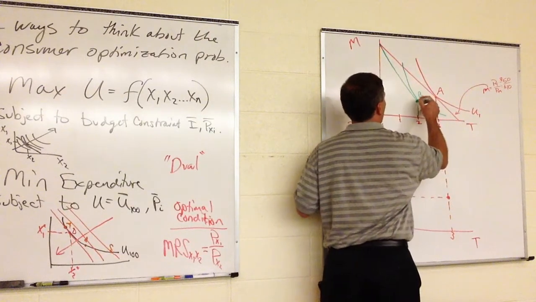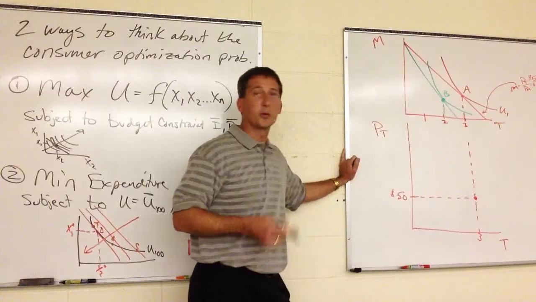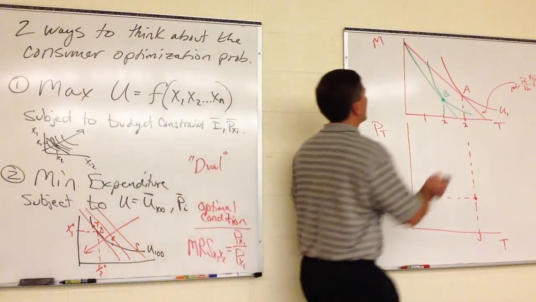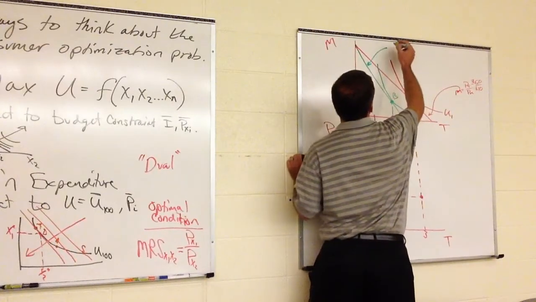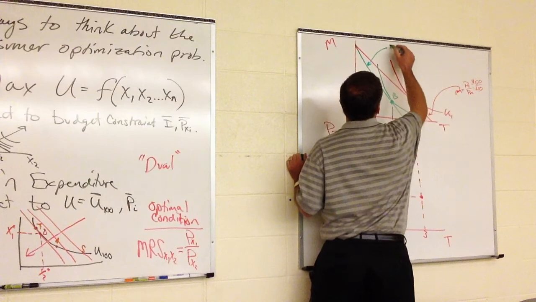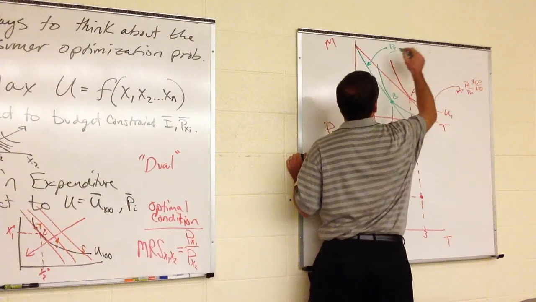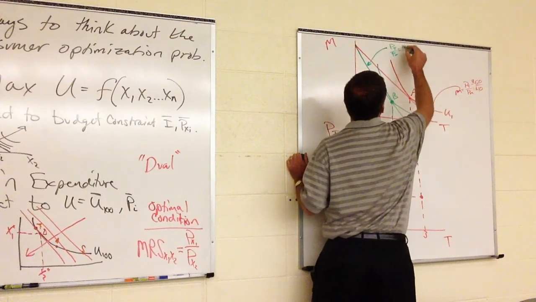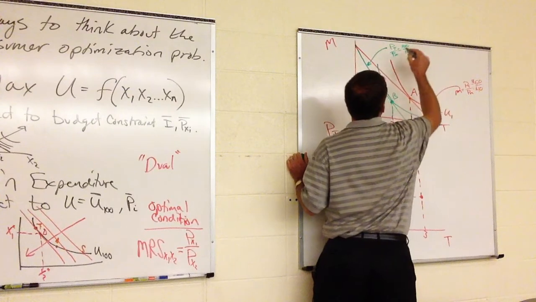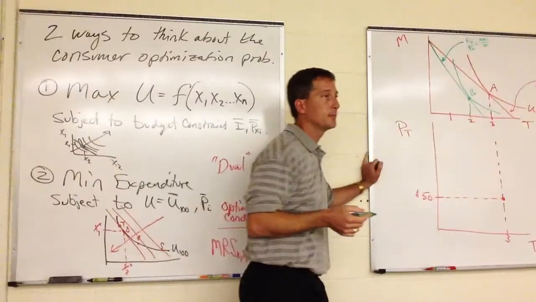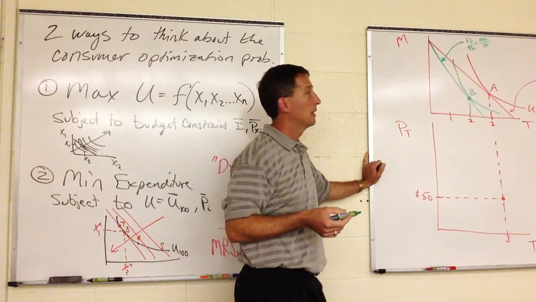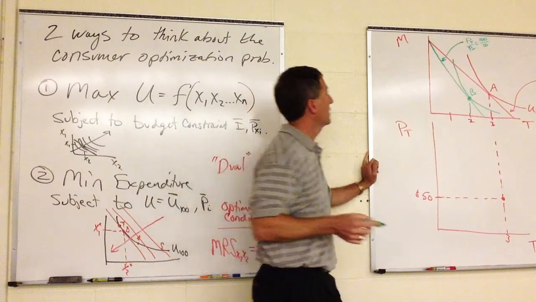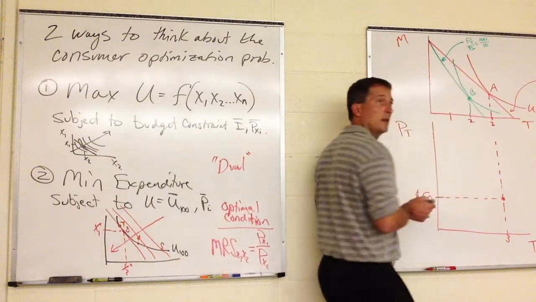B looks like that. The consumer re-optimizes based on a new budget because ticket prices went up, but movie tickets didn't change. What's that?